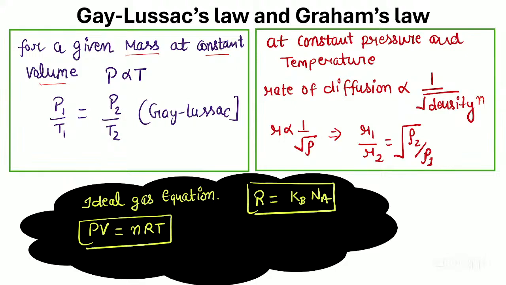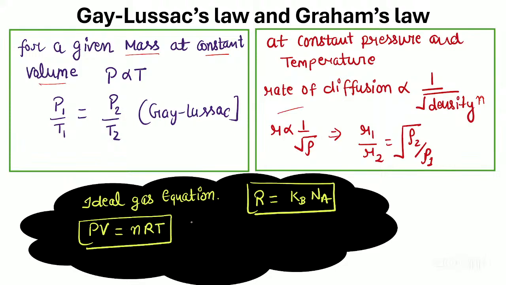If a gas has a very large density, its rate of diffusion will be very low, which means the heavier the gas, the longer the time it takes to spread. So that is the key factor.